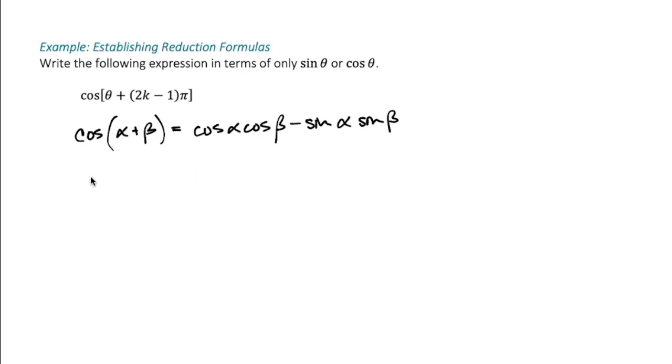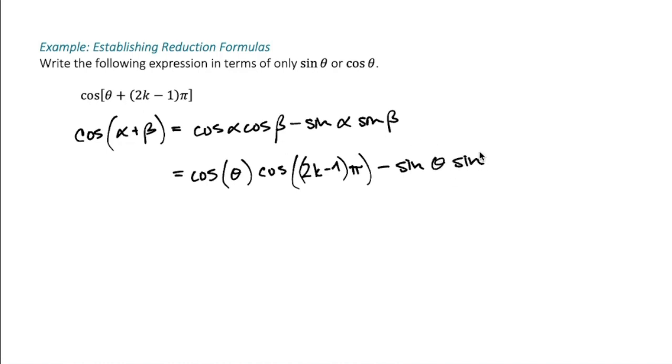So we get cosine of the first angle, theta, and then cosine of the 2k minus 1 times pi, and then minus sine of the first angle, theta, and then times sine of the 2k minus 1 times pi.